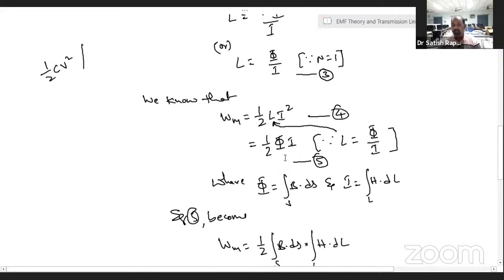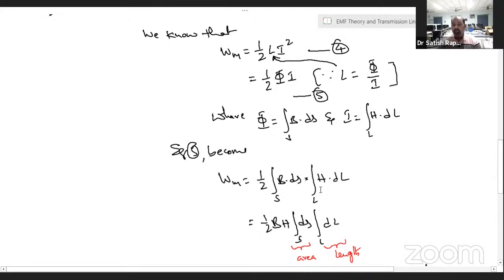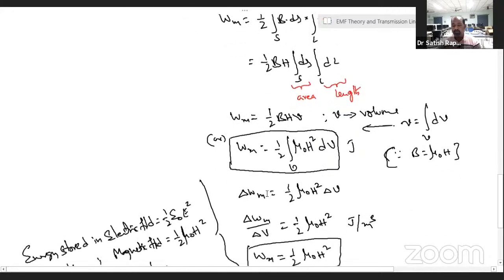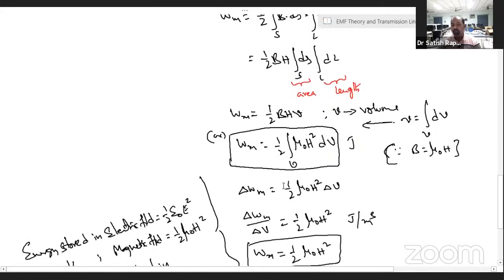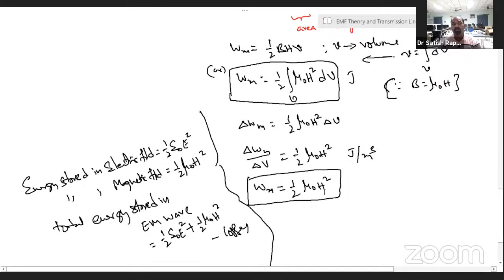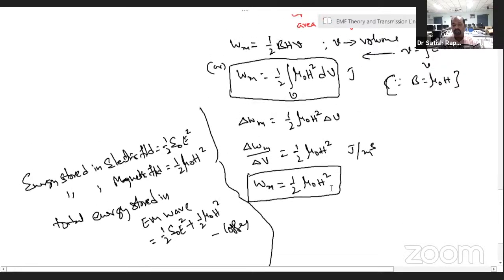In equation 5 we have psi and I, where psi is the surface integral of B dot dS, and from Ampere's circuital law, I is the line integral of H dot dl. Substituting these two in equation 5 and simplifying, we get Wm equal to half volume integral of mu naught H squared dV joules, or in other words, half mu naught H squared joules per meter cubed is the energy density.